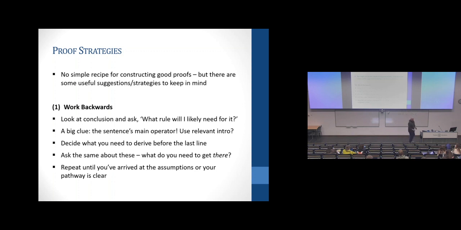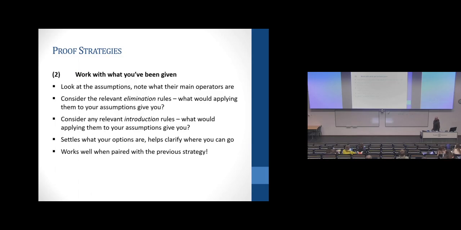The second bit of advice I have is going to sound almost paradoxical, but actually it works very well in tandem: work with what you've been given. That is, look at your assumptions. Think about what the main operators on your assumptions are. Think about what kind of rules you can apply to them.